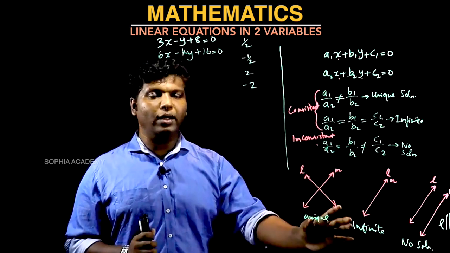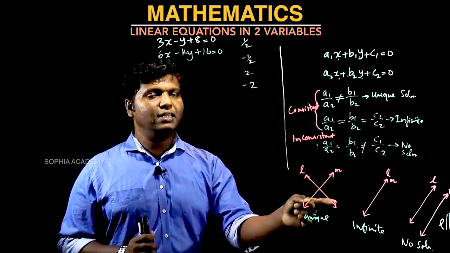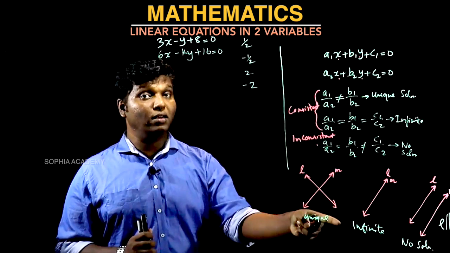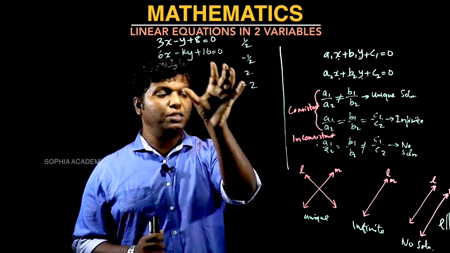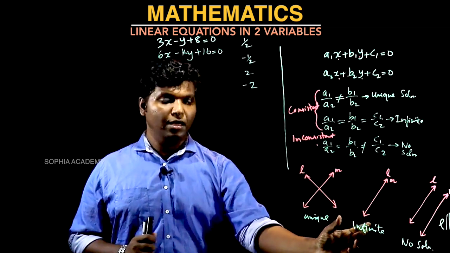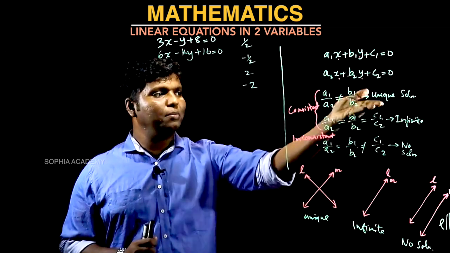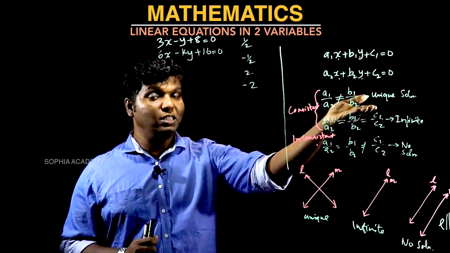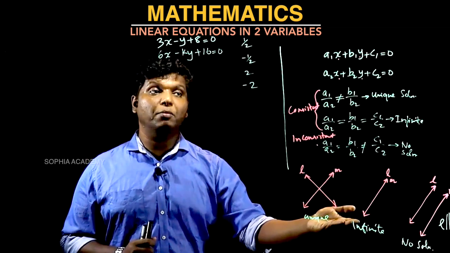Even though they mention coincident lines, we have to do it algebraically, not by the graphical method. Whenever they say this, you understand it is the graph having an infinite number of solutions. So let us move to the algebraic method. Tell me, what is the condition for having an infinite number of solutions?